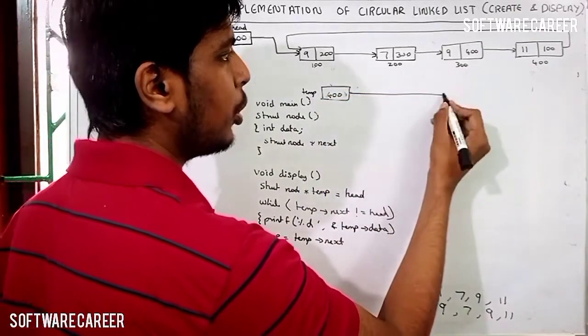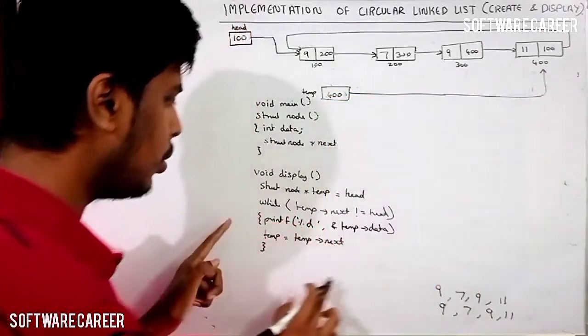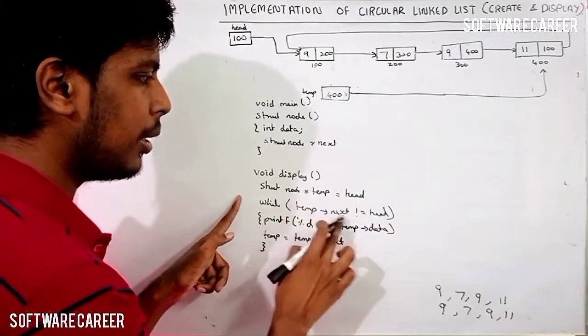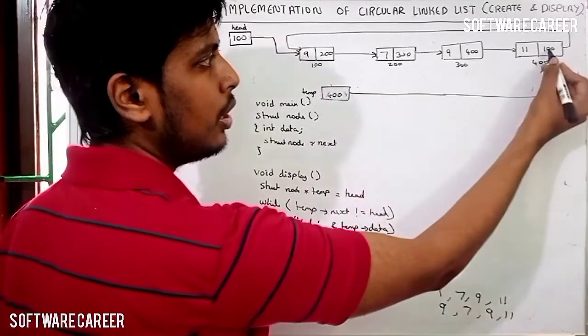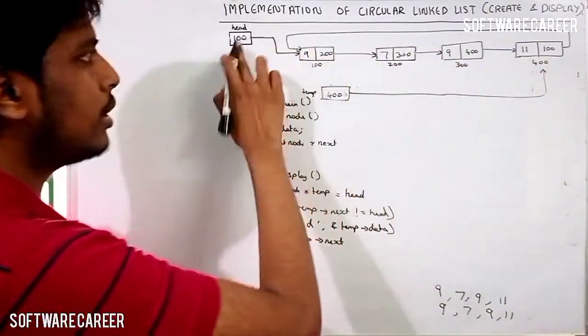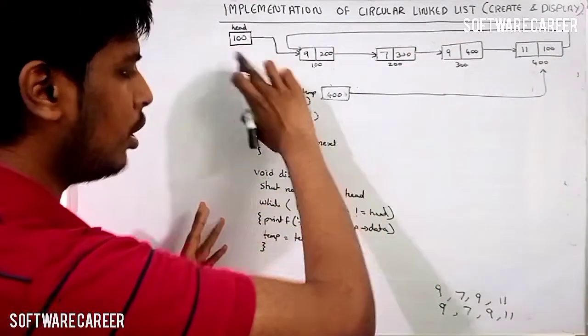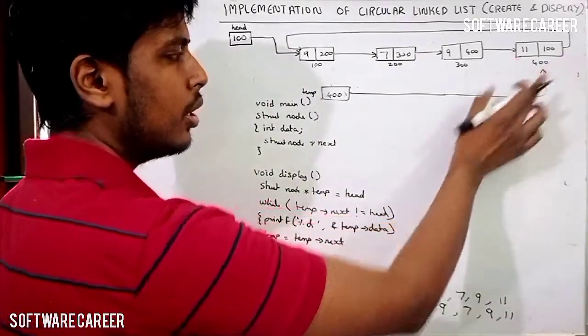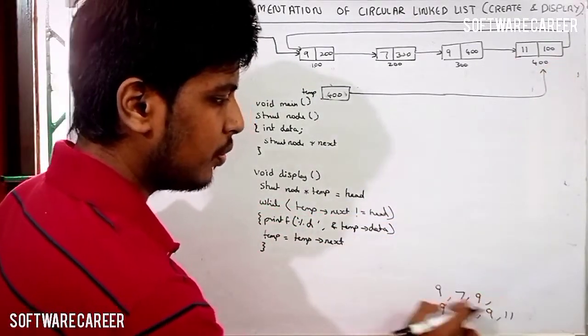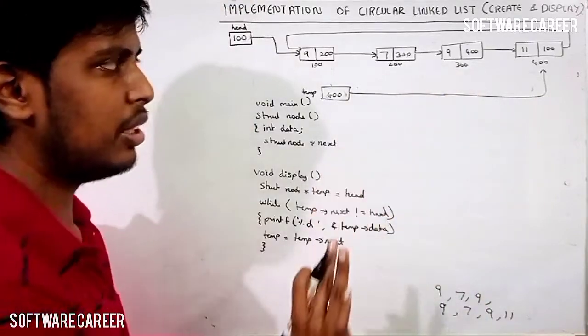Now again it goes back and checks whether temp next is not equal to head. Temp is 400. 400 next is 100. But 100 is head. So these two are equal, so it does not print the data. Till now it prints 9, 7, 9, till this element.